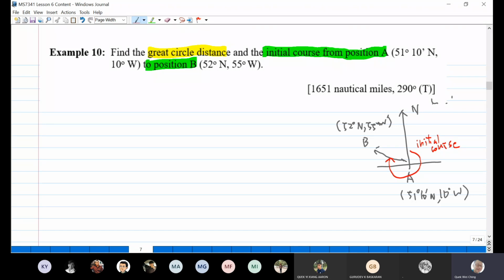So you have great circle A. Let me use the red color.